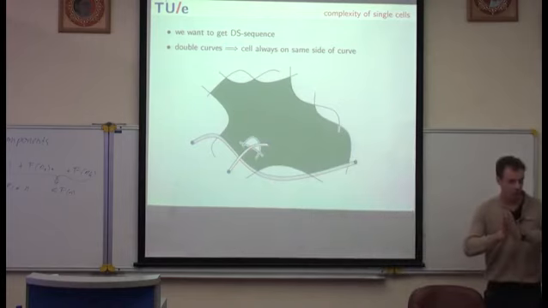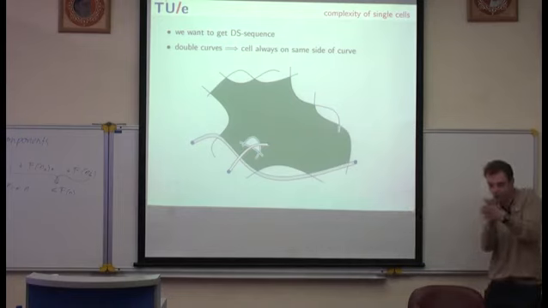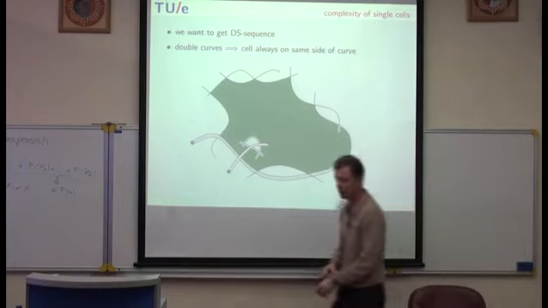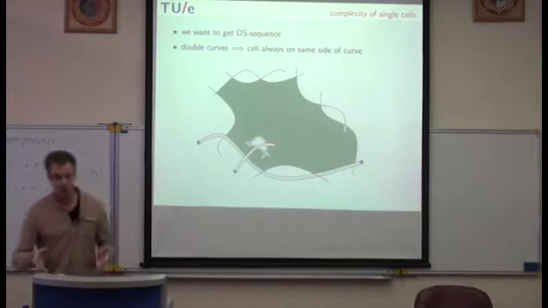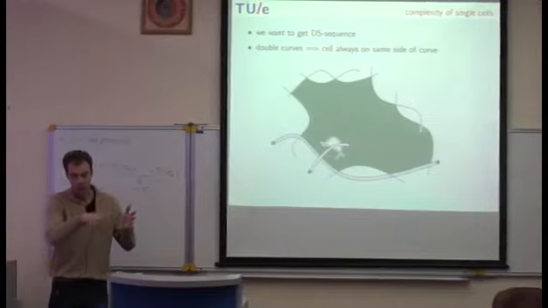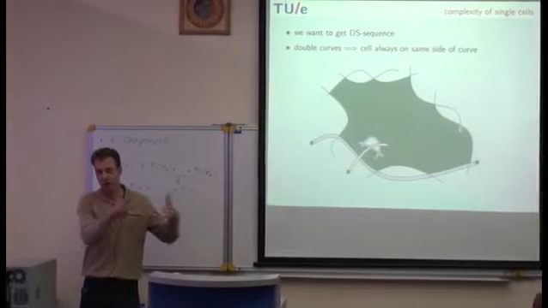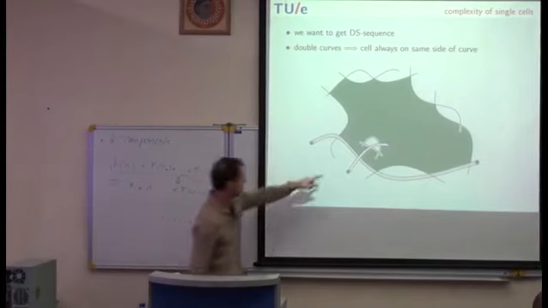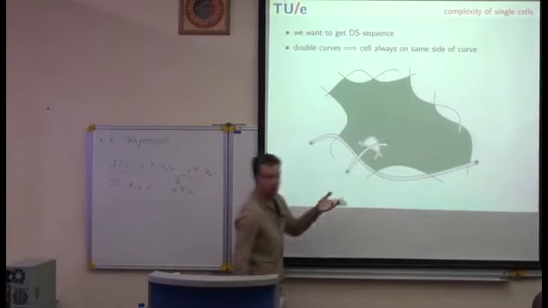But for each of my new curves, you always have the cell on the same side. And on the other side, there's this thin region. Okay, so this is the first thing I do. So that means that if I write my Davenport-Schinzel sequence, instead of having n symbols, I now have 2n symbols. Because this one and this one get a different symbol.